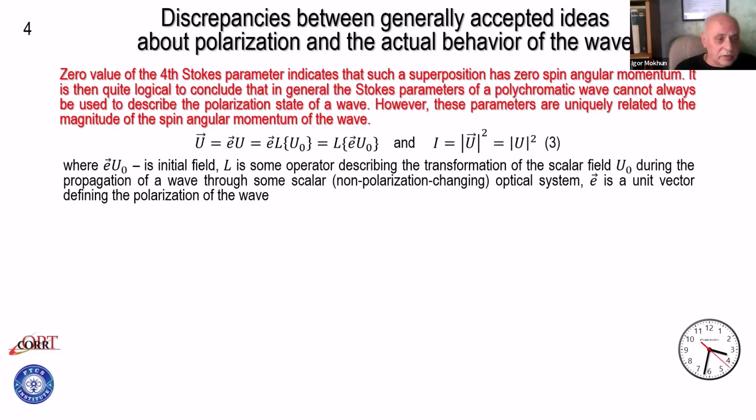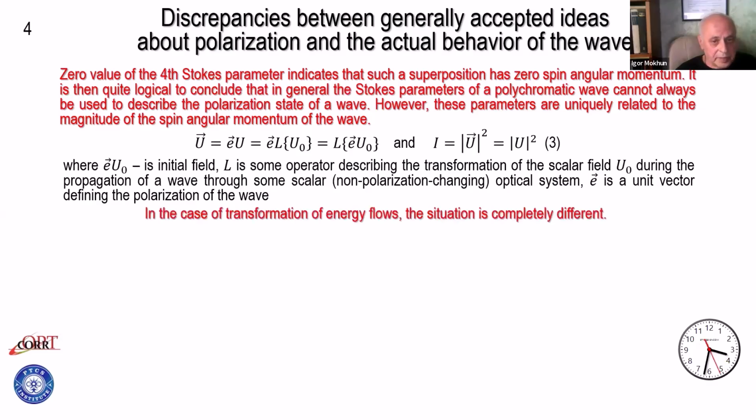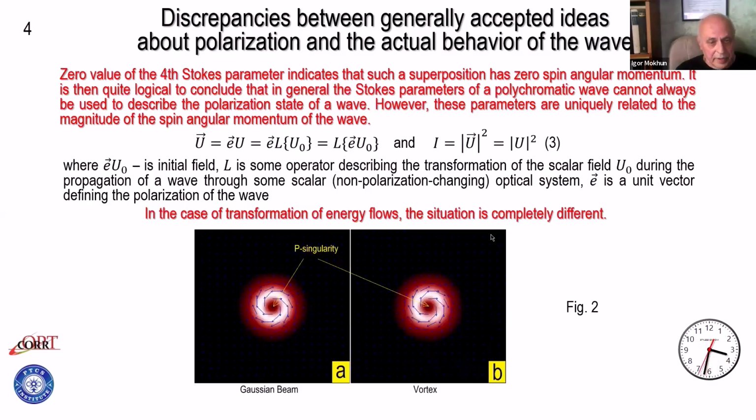Let us try to illustrate this fact by a fairly simple example. This is a well-known pattern: the energy flows in the area of the center of the Gaussian beam and the vortex one.